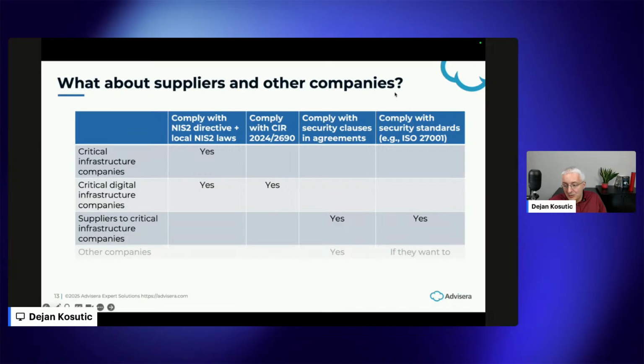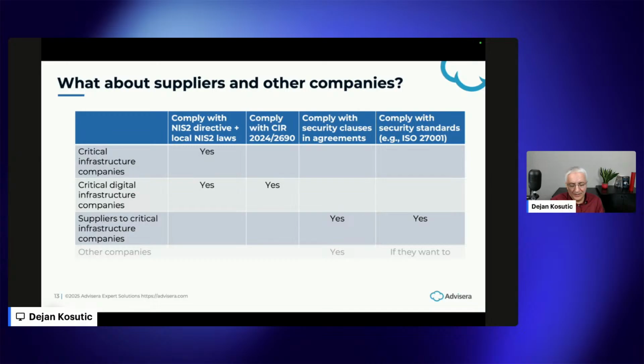On top of this, you also have to comply with security standards like 27001, because according to NIS2, suppliers must comply with a standard. It doesn't say which one. It does say that it's about security, so it needs to be some security standard. So it could be ISO 27001, or it could be a standard from ENISA.